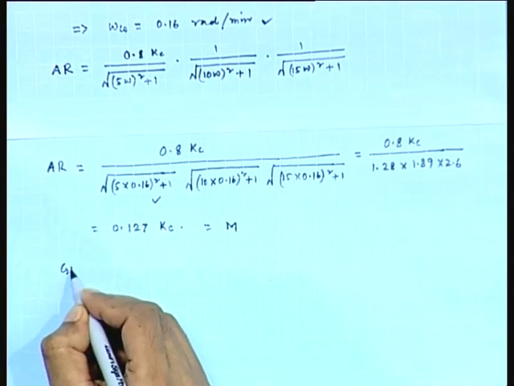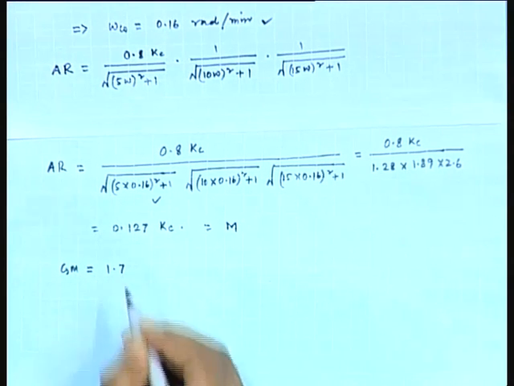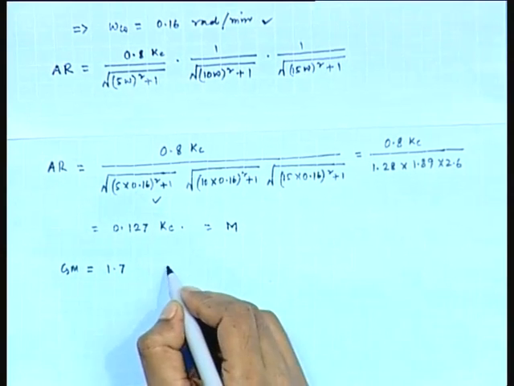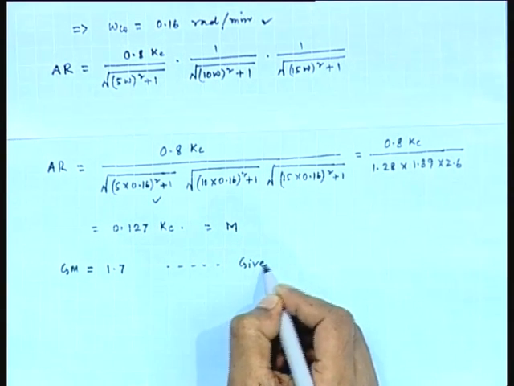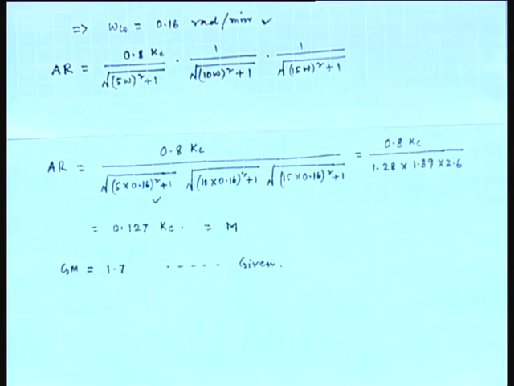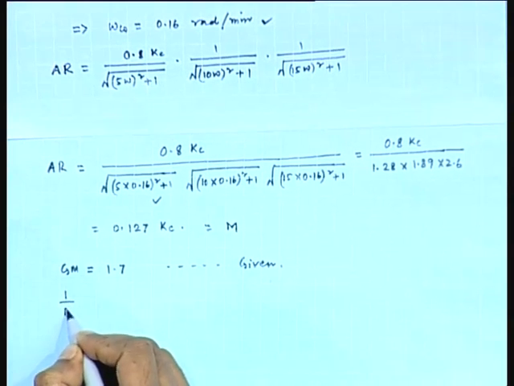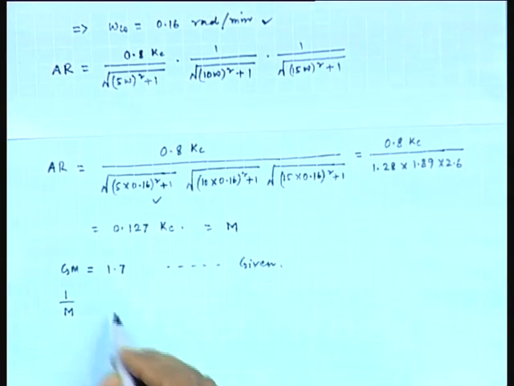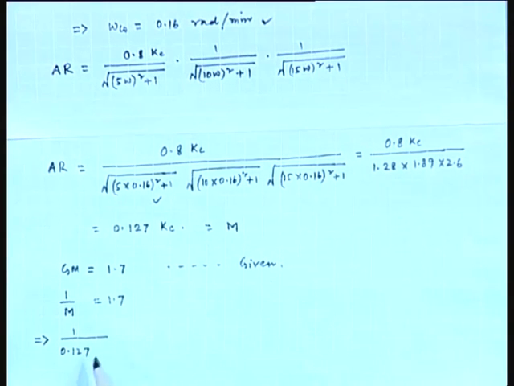Now, gain margin is given as 1.7. In the problem, a gain margin of 1.7 is given. Now, how much is gain margin? 1 by m, this is gain margin. That means, we can write 1 divided by 0.127 Kc equal to 1.7.